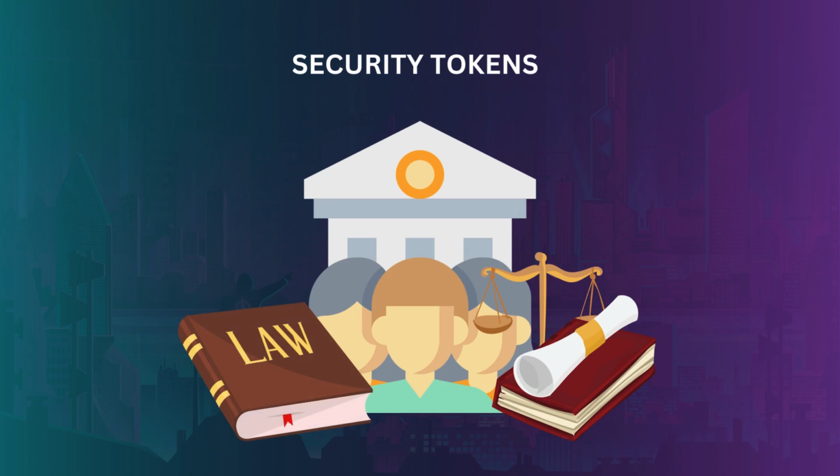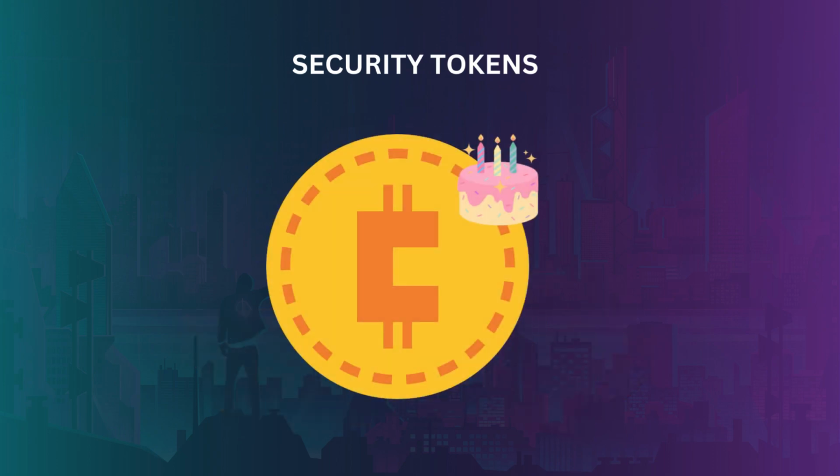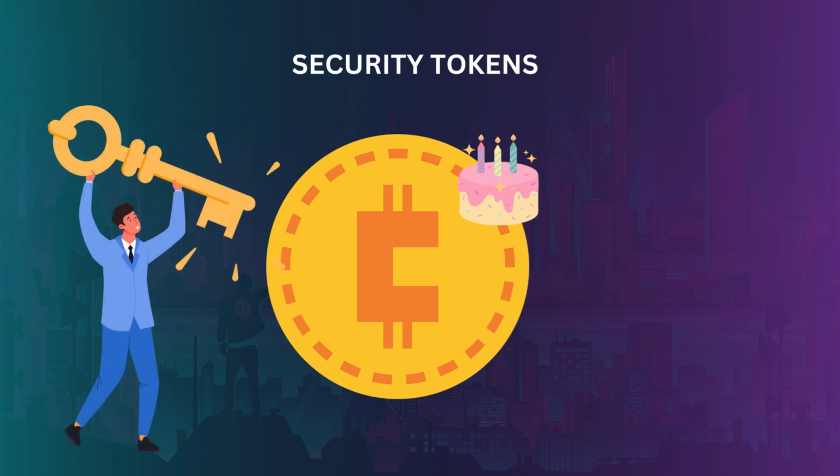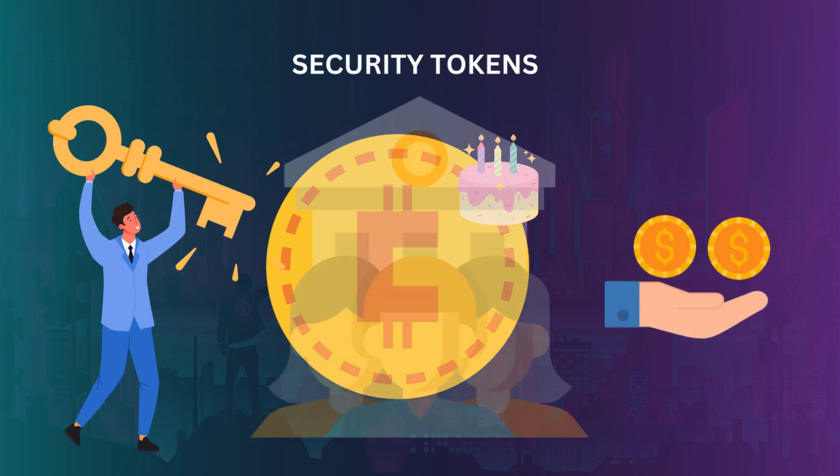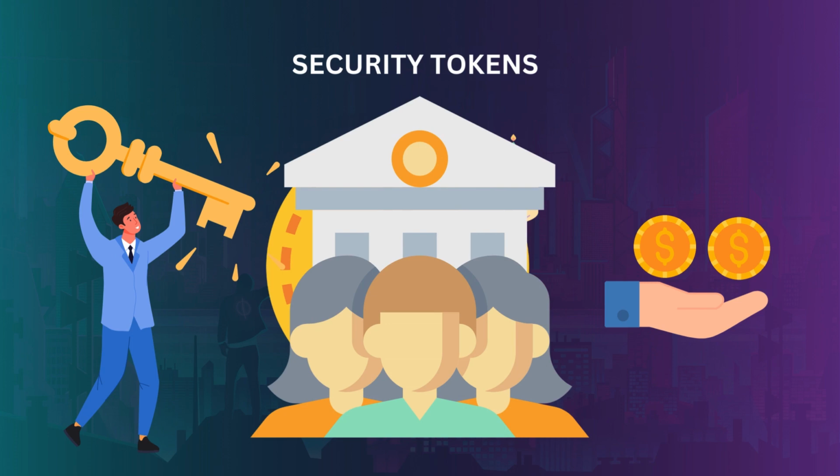That means they have to follow rules and regulations to make sure everything is fair and transparent. So, in simple terms, security tokens are like digital pieces of cake that represent ownership in something real and promise you a slice of the profits. But they have to play by the rules set by the government.